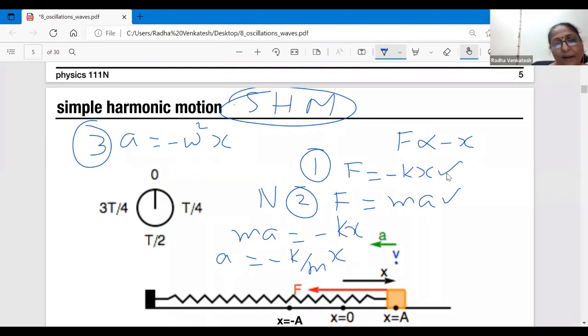Then I ask them to compare the two steps and get the expression for omega, which is root of k by m. Then we know T is 2 pi by omega. Get the frequency and time period. Is that fine? So these are the steps that we'll remember for any derivation of simple harmonic motion, namely the spring mass system and simple pendulum.